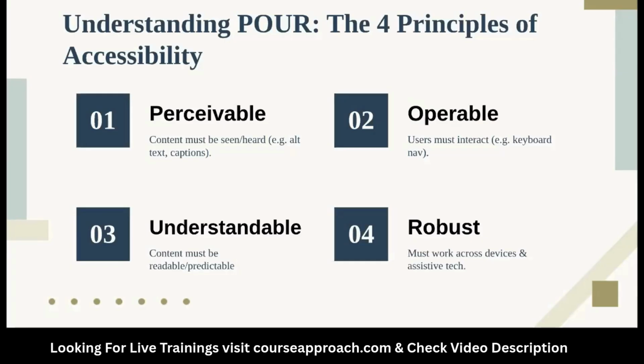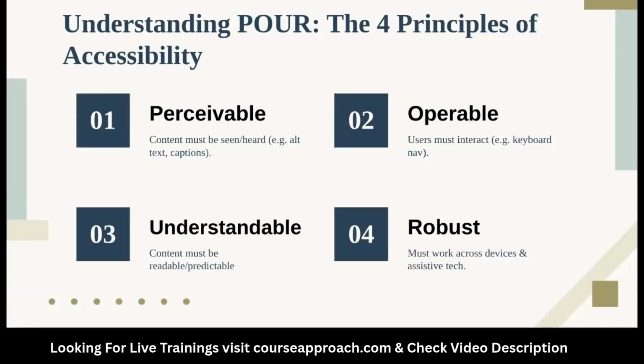By the name itself, when there is a website, all the information and functionality should be available to the user. For example, we have multiple disabilities: visual impairment, hearing impairment, motor disability, cognitive impairment.